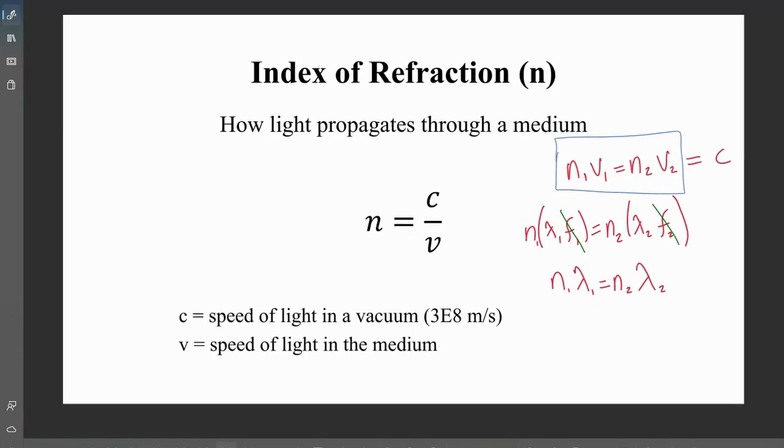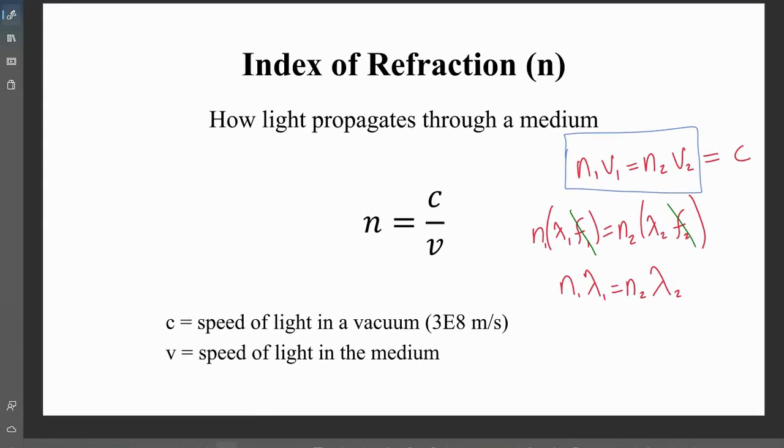Okay, so index of refraction. This is this thing called n, this lowercase n. The index of refraction is c, the speed of light, divided by whatever velocity you have through that medium.